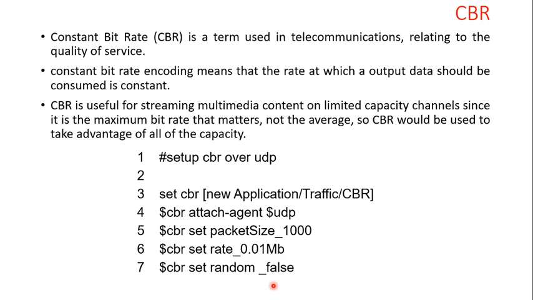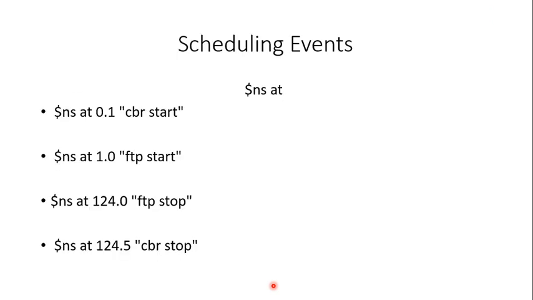Now let us move on to scheduling the events. Scheduling the events can be done by using this at command. By using this at command, you can schedule the events like this. In the network simulator, at 0.1 second you are starting the CBR by using this start.